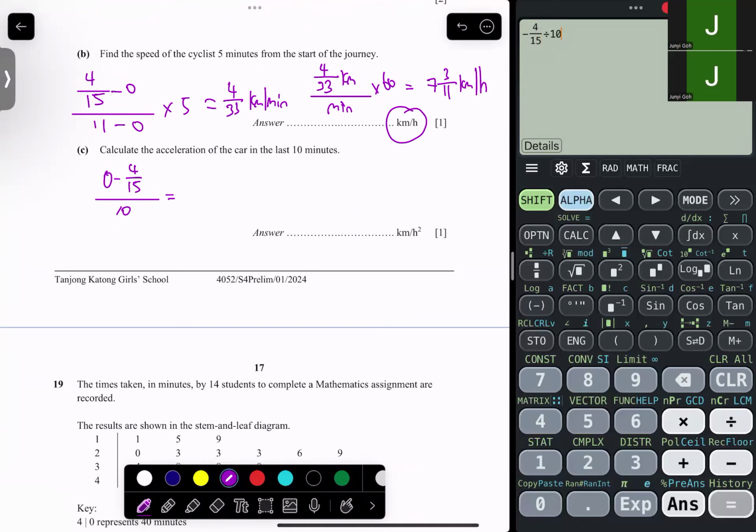So we have negative 2 over 75 kilometers per minute squared. Now in order to change it into per hour squared, I take this answer times 60 by 60, so it equals negative 96 kilometers per hour squared.